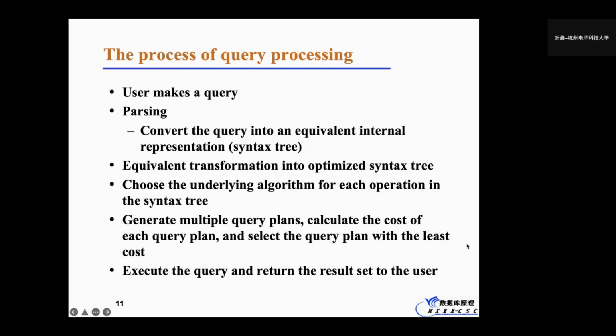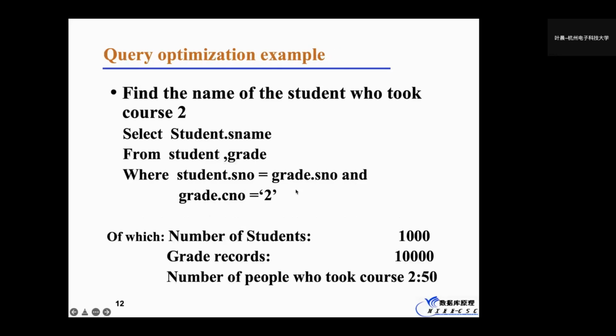So a query optimization example is to find the names of the students who took course 2, like this. We will write it in the SQL language. And here the number of students is 1,000, the number of grade records is 10,000, and the number of people who took the course is 250.